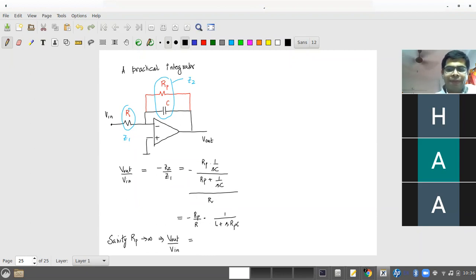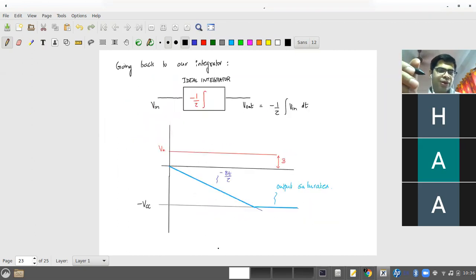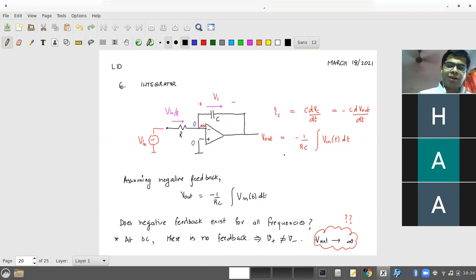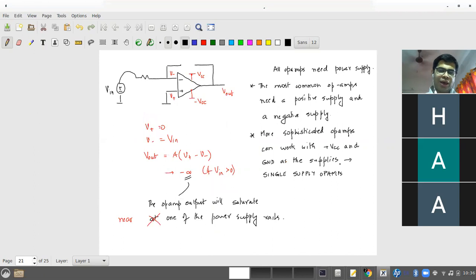You can drop that. So you will land up with minus 1 by SRC, which is what this is. In the S domain, V out of S is minus 1 by SRC, right? Okay, good.